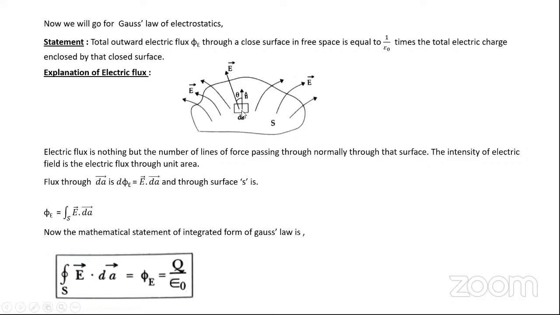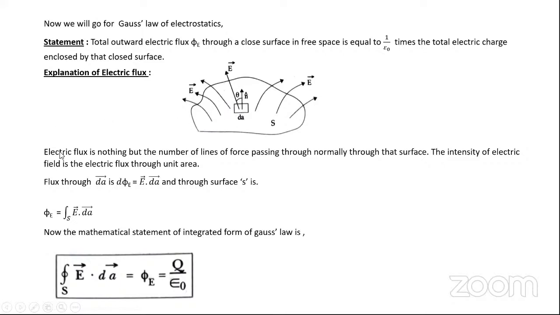And at that position, the direction of electric field is E, and of course I have shown here the angle between the vector dA and vector E is theta. So theta is the angle between the surface area dA and the electric field intensity vector E, right? So this is angle theta.